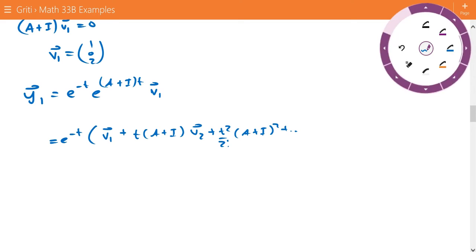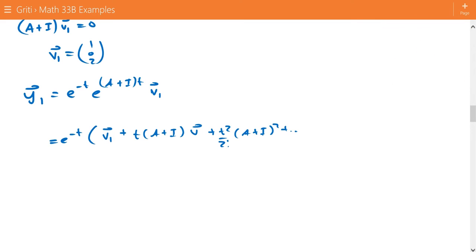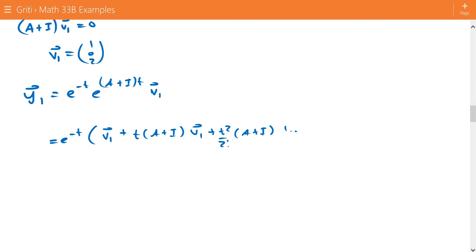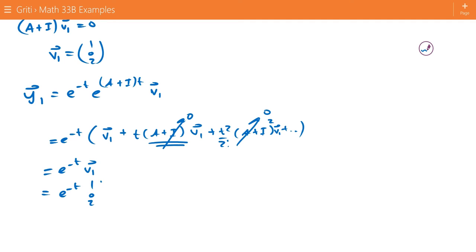Sorry, there should be a v1 here as well. So we know that v1 is in the null space of A plus I, so this is going to go to 0, and everything else beyond it will go to 0. So we're left with e to the negative t times v1, which is just e to the negative t times 1, 0, 2. This is exactly the same solution we would have got if we had done this using our old methods.